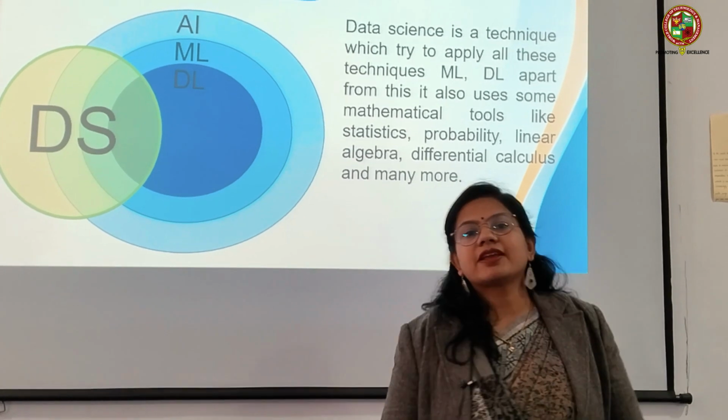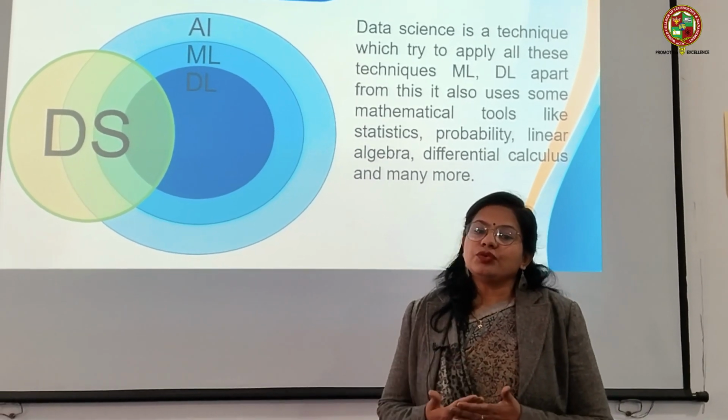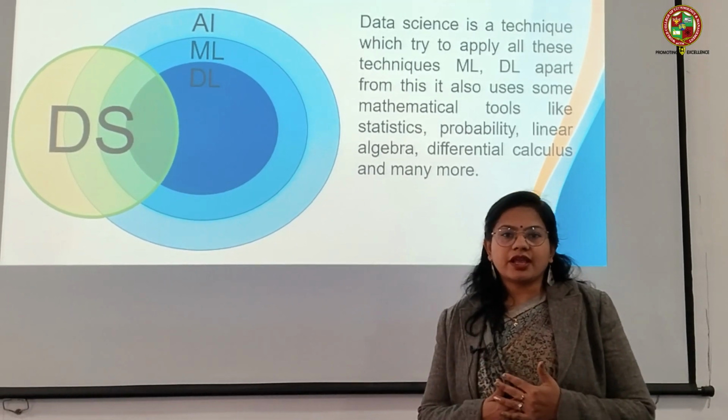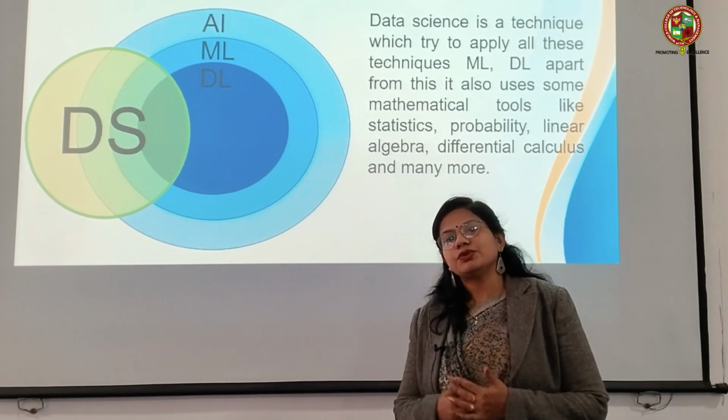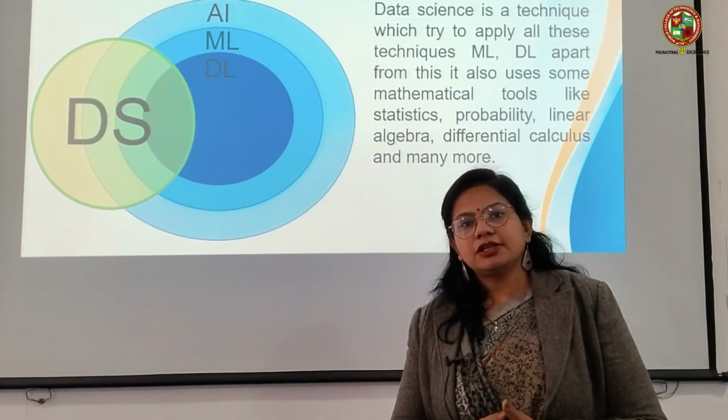So if you are working as a data scientist, you work on deep learning techniques, machine learning techniques, and based on your use case, you can use a suitable mathematical tool.